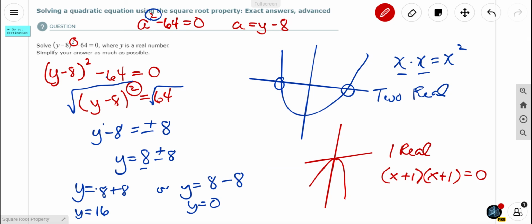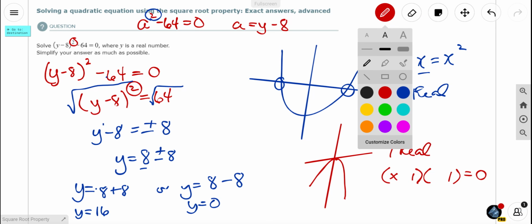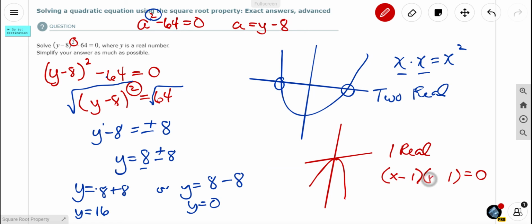In other words, the root is only 1. But notice, there are 2 factors. Okay, you still have to have x times x to get x squared, okay, for this quadratic.